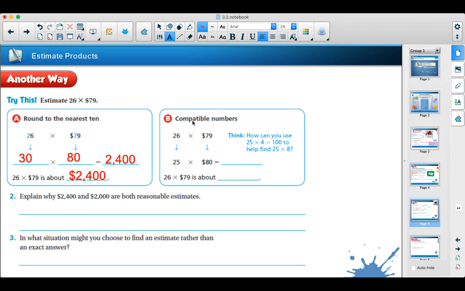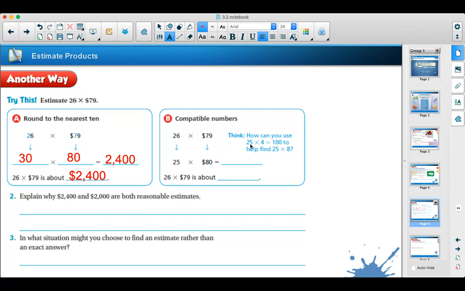Now, using compatible numbers, we can also estimate the product. 26 rounds to 25. 25 is a multiple that we can easily compute. So let's think. How can you use 25 times 4 to help you find 25 times 8?